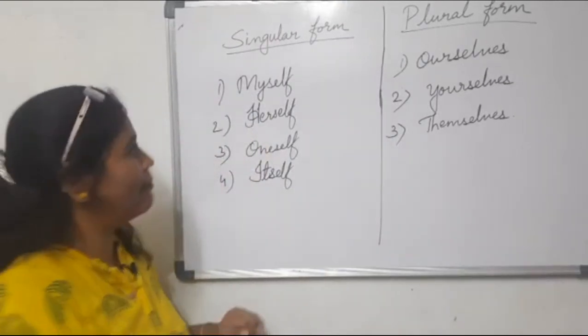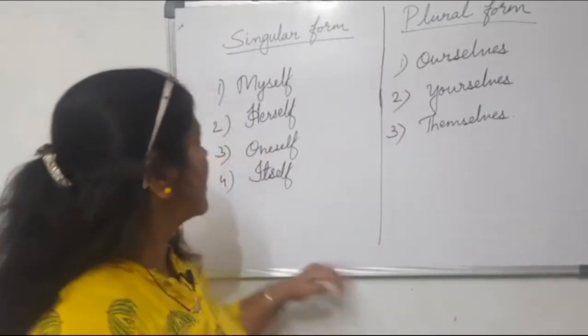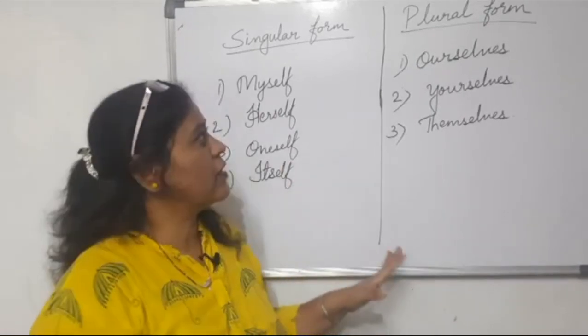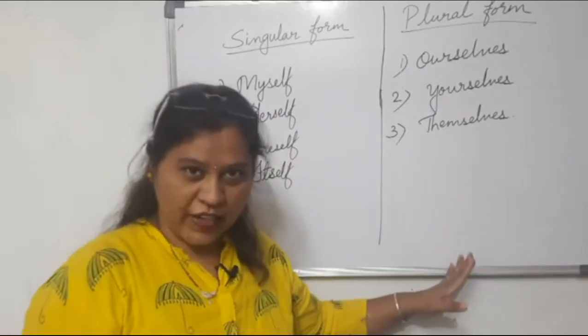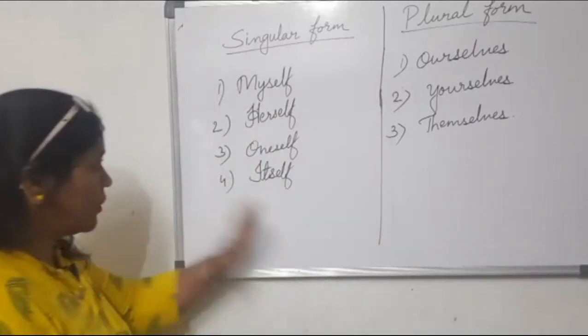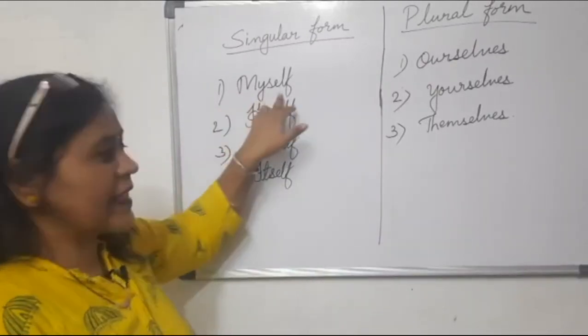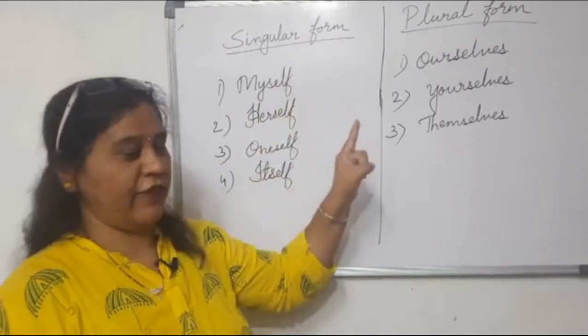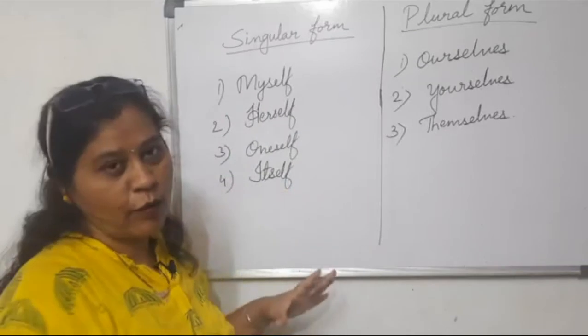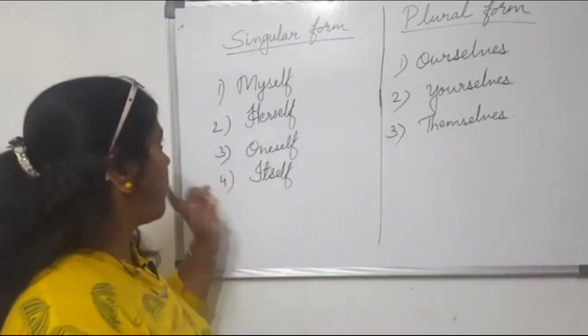Welcome back, my dear friends and students. We are going to see the singular form and the plural form of reflexive pronouns now, which is on the board. Myself, S-E-L-F, is a singular form of reflexive pronoun.